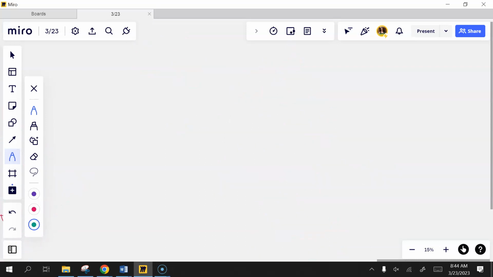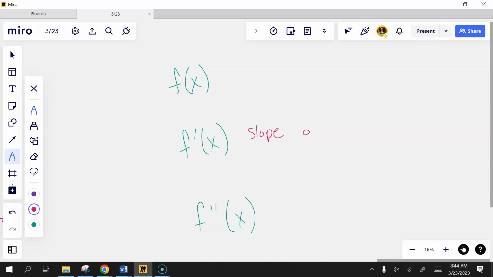Okay, let me just, all right, so our original function, the derivative, and the second. Straight up just the way they sit, right? This is my slope of the original function.